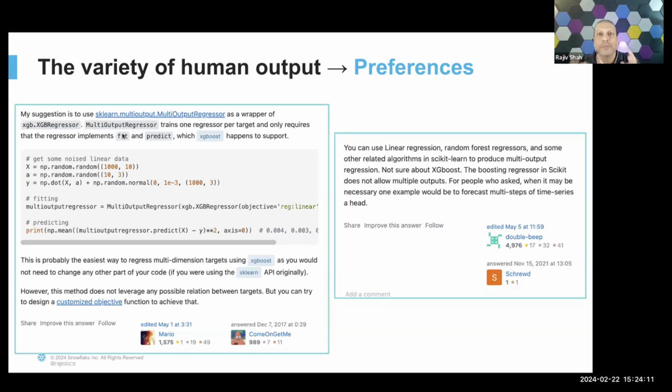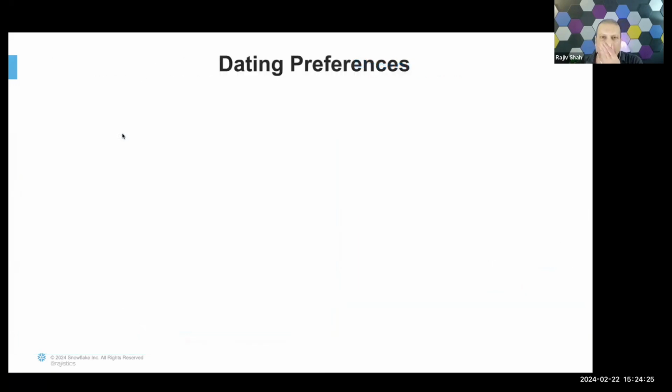And this is the element of preferences. This is the last step of these large language models: how do we help when we have these very fuzzy borders for training the model to do things? This is where I like to use the analogy of dating for how we've been able to figure it out. About 10 years ago, I know it's hard to believe, I was out there on the market and I did online dating.